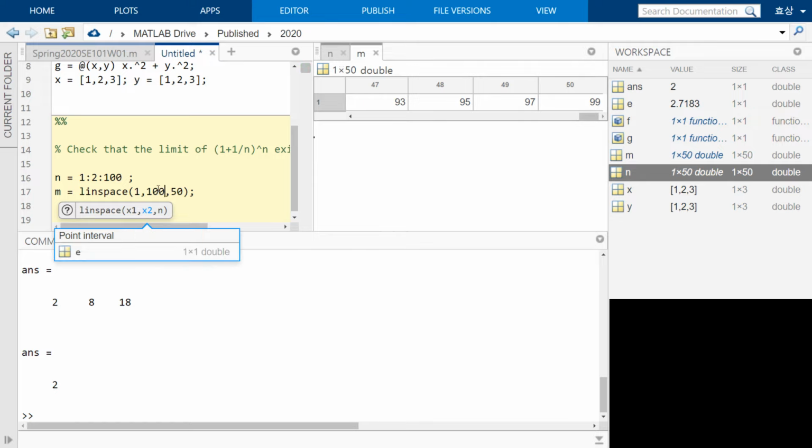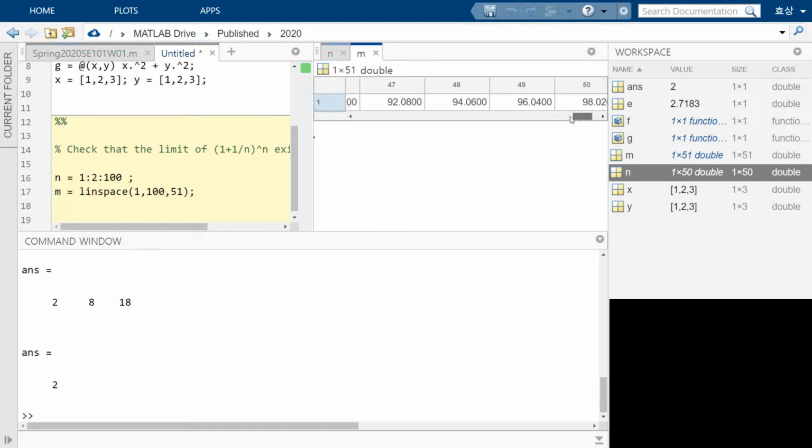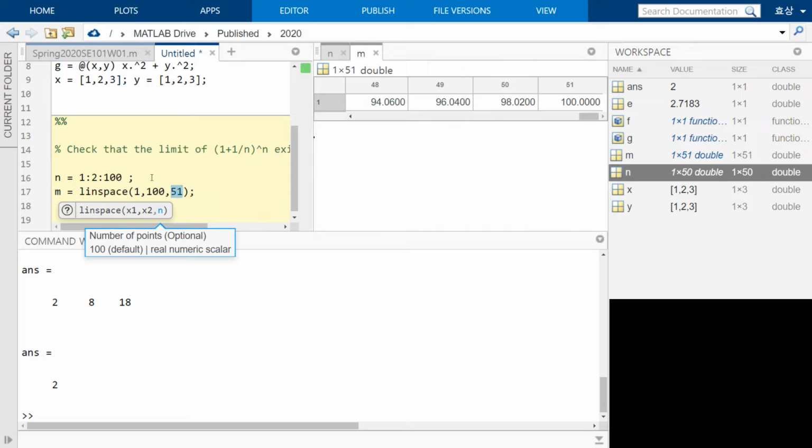Or if you still want your end value to be 100, you need to figure out how many numbers you need.